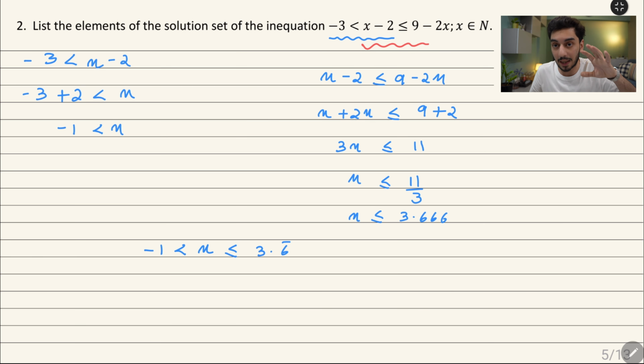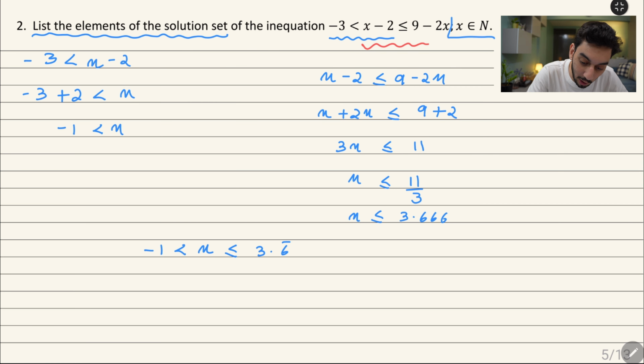Okay, this is actually the solution for x, but this is not what the question asks. The question says list the elements of the solution set. Now this is the solution set, and I need to list down the elements of this solution set. So I have to start from negative 1 and stop at 3.6, and in between these two, whatever is the possible solution, I should give. Now the question says x belongs to N, which means I need to pick up only natural numbers.